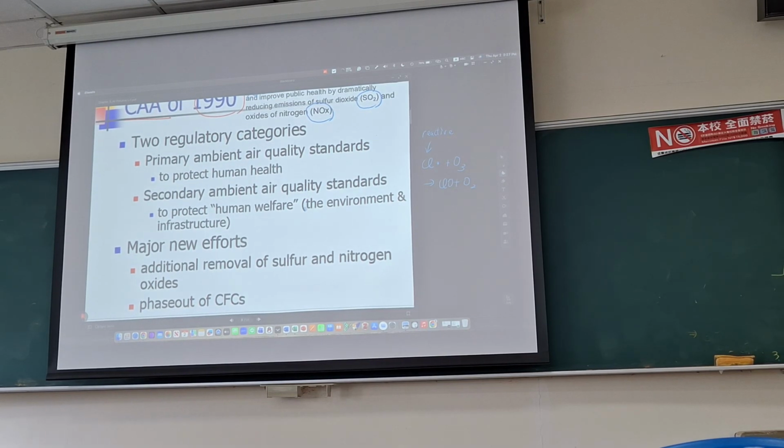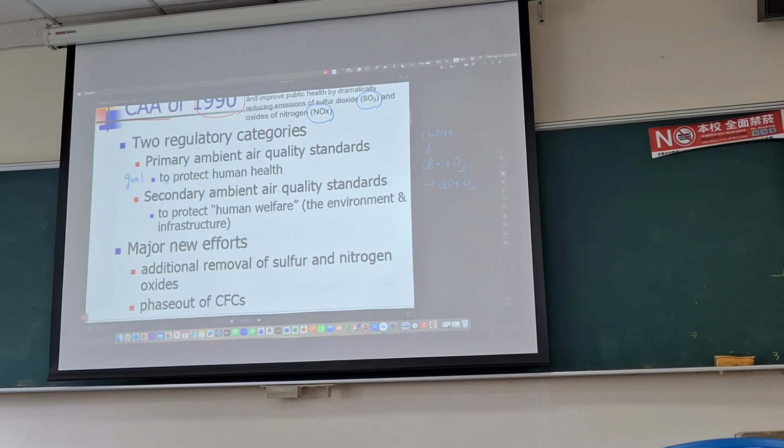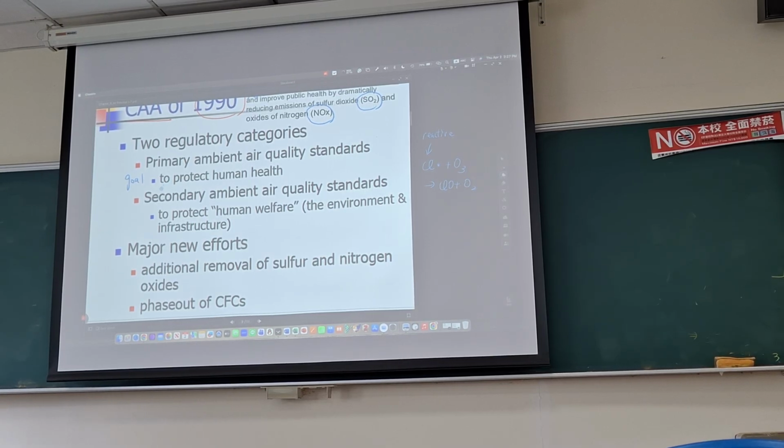Okay, there are two categories. The first one is called primary standards. The goal of primary standards is to protect human health, including children, the elderly, and some sensitive populations.